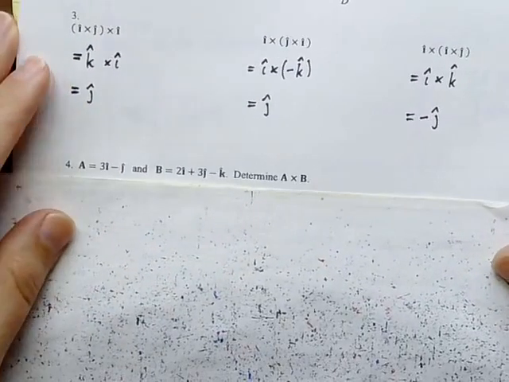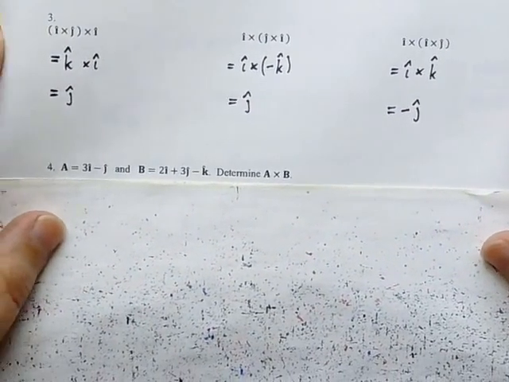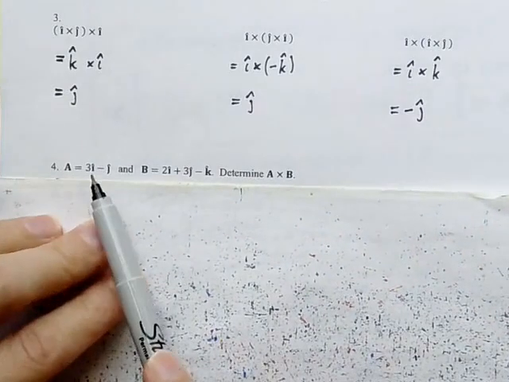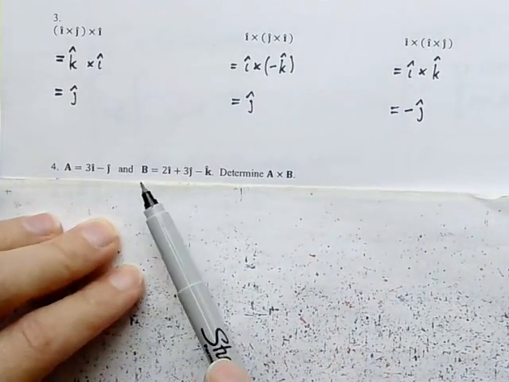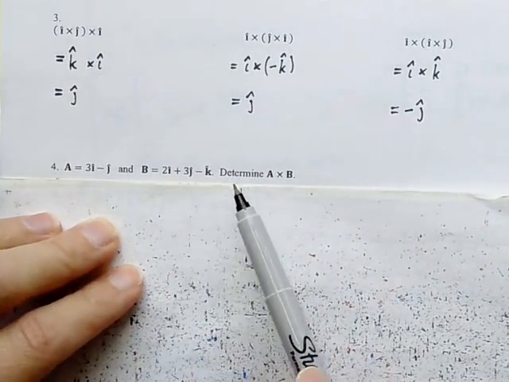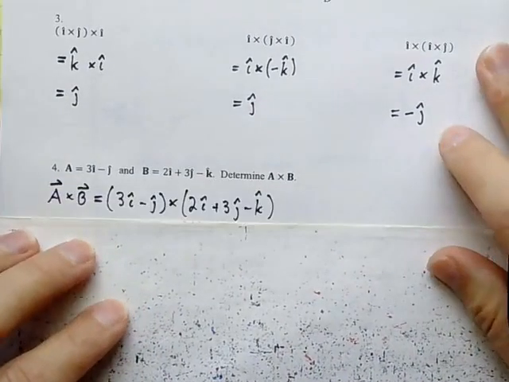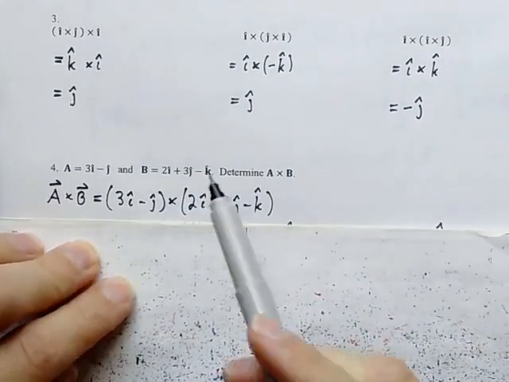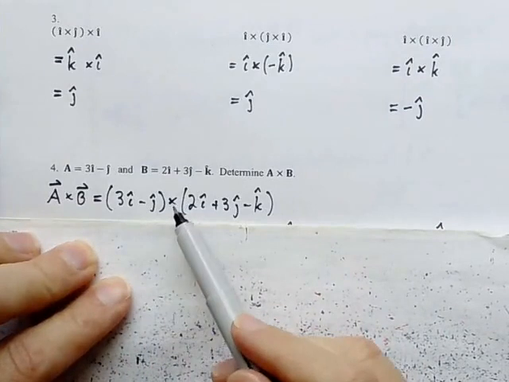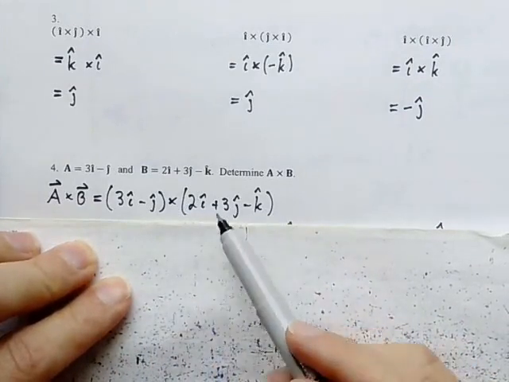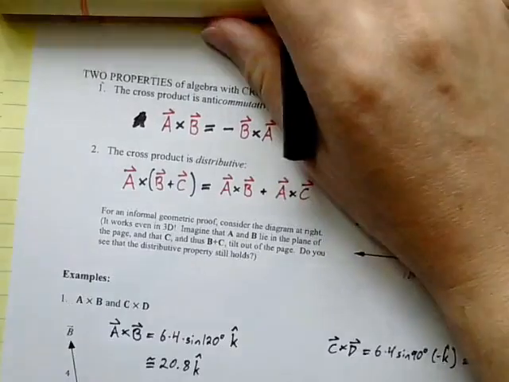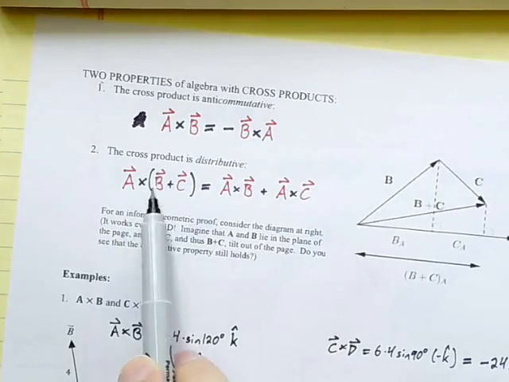Here we're given two vectors in terms of their components. Vector A is 3i hat minus j hat. Vector B is 2i hat plus 3j hat minus k hat. We want to determine the new vector A cross B. We'd write that like this. Here's vector A crossed with vector B, and let's apply the distributive property up here.